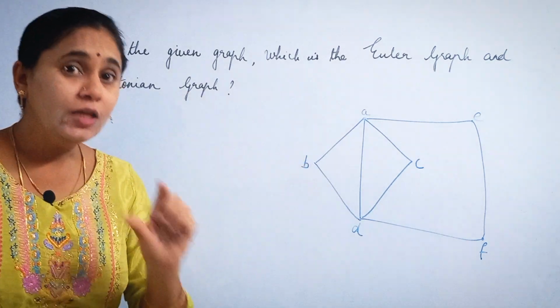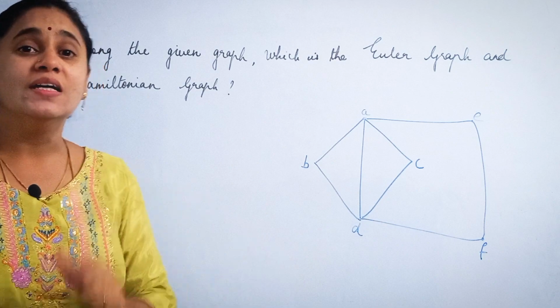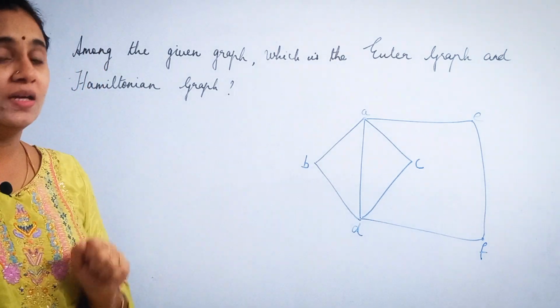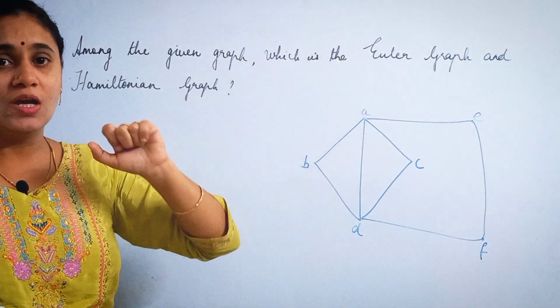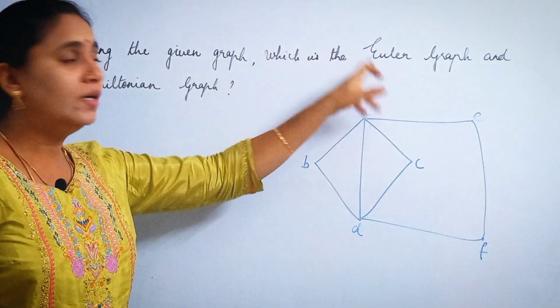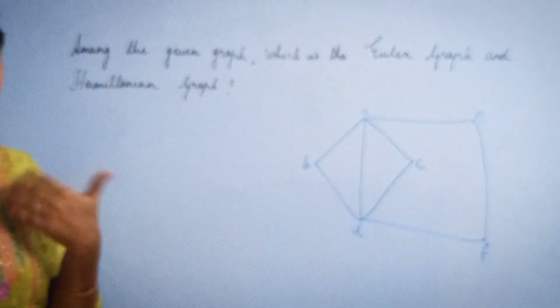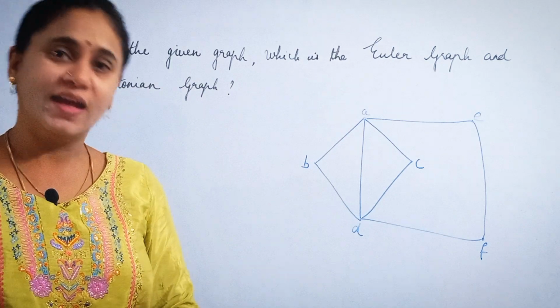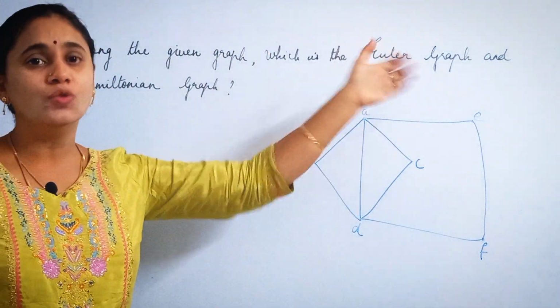If the degree of each and every vertex in the graph is even, it means that it is an Euler graph. I also told you to remember it in a short manner: Euler, even. So it will be easier for you to recall. That shortcut we use for finding an Euler graph.